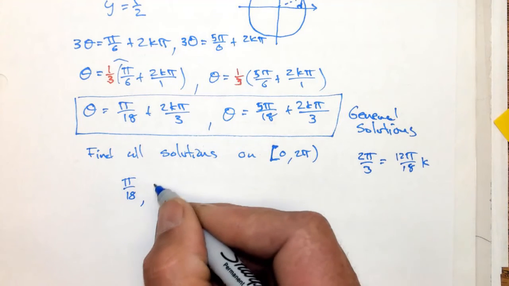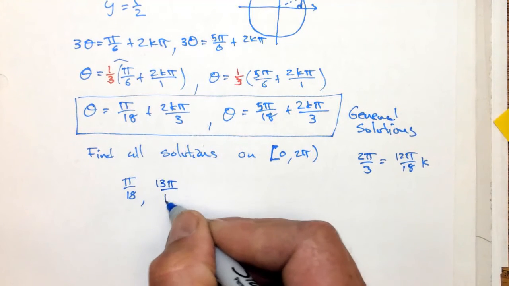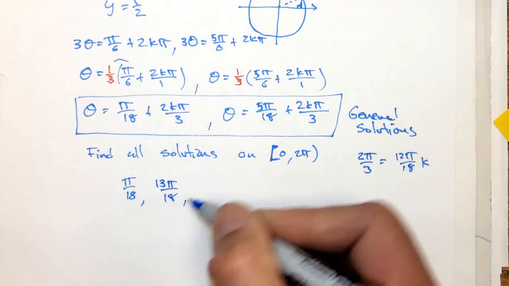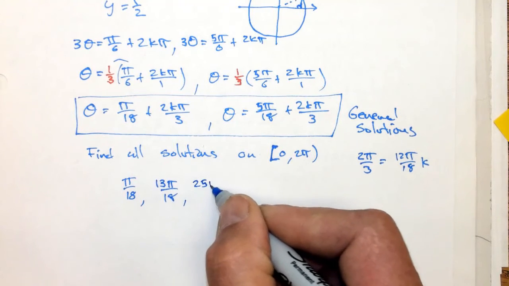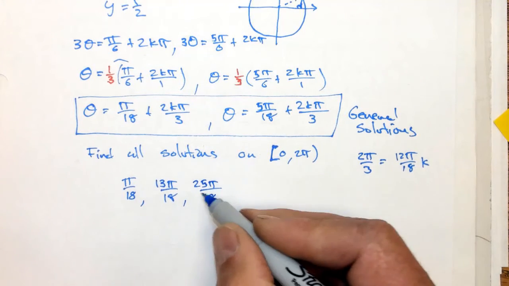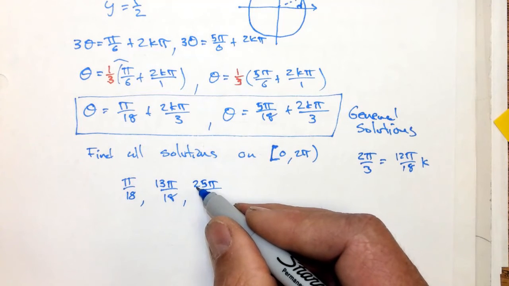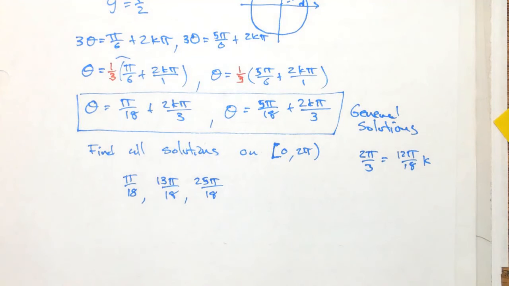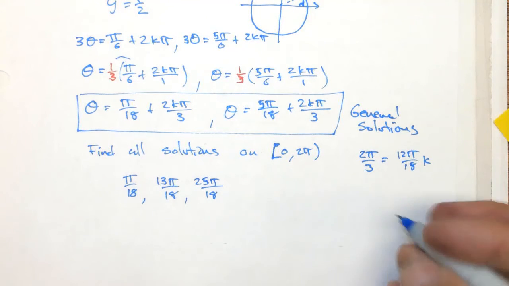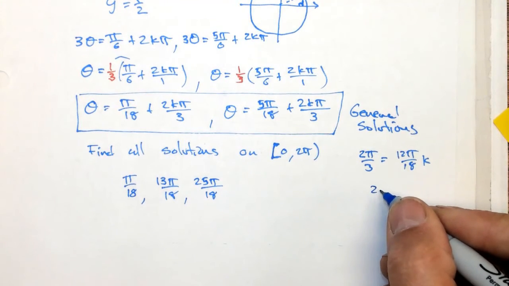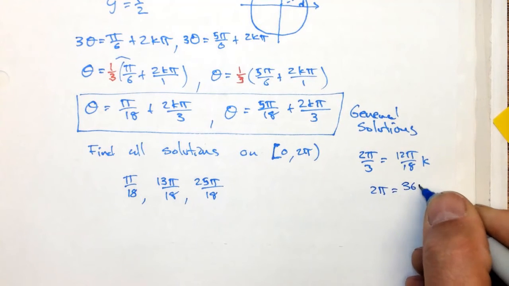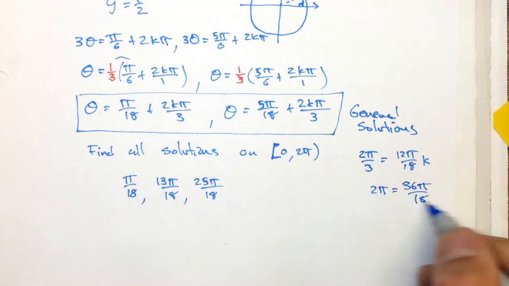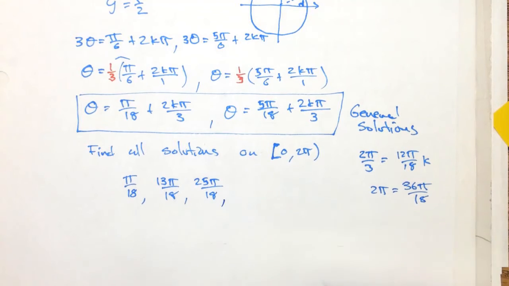So 1 plus 12 is 13. It gives me 13 pi over 18. And another 12 gives me 25 pi over 18. Add another 12, and that's 37 pi over 18. Although I should remember that 2 pi is equal to 36 pi over 18, and I don't want to go past that. So there's 3 solutions.